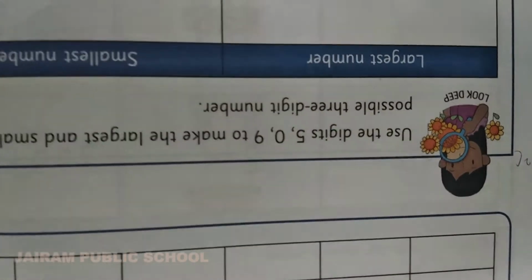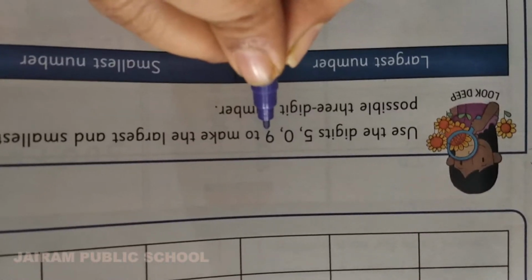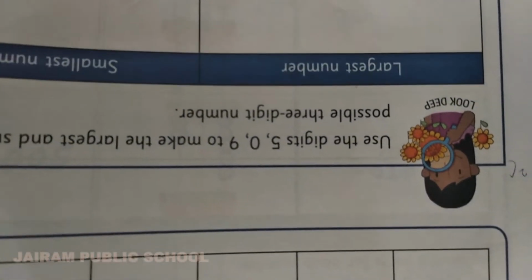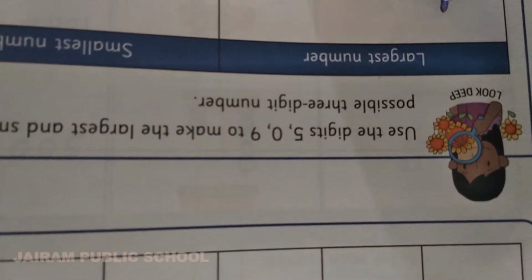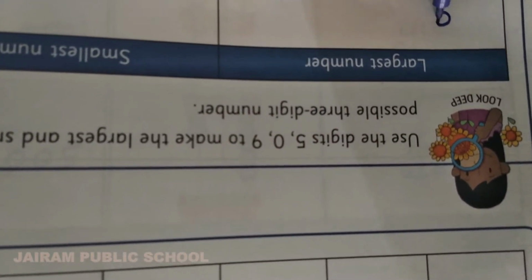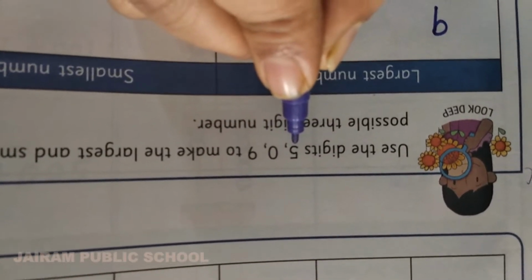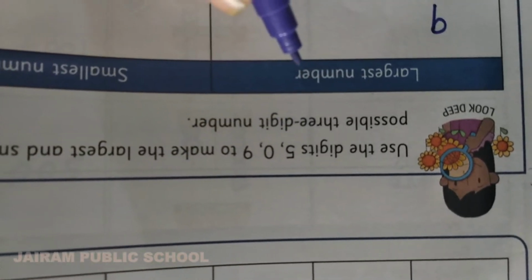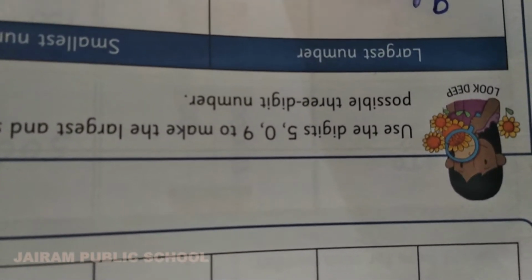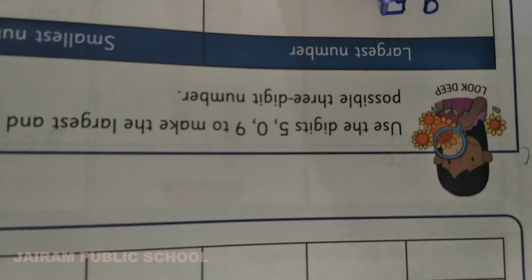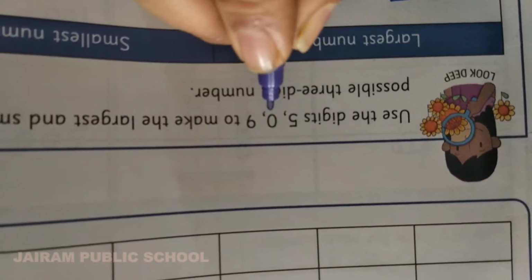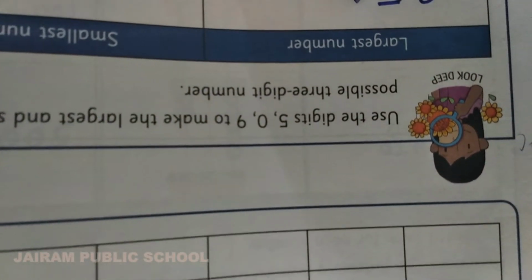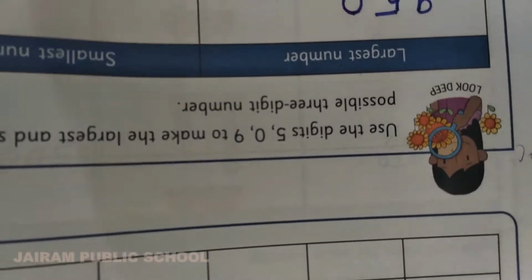Largest number means in these 3 numbers which number is the largest one? Yes, very good, 9. Super, Kanna. So 9 you want to write. And the second biggest number is either 0 or 5. Yes, very good, 5. You want to write it here. And at the last, 0 is the smallest one, so you have to put that at the last.